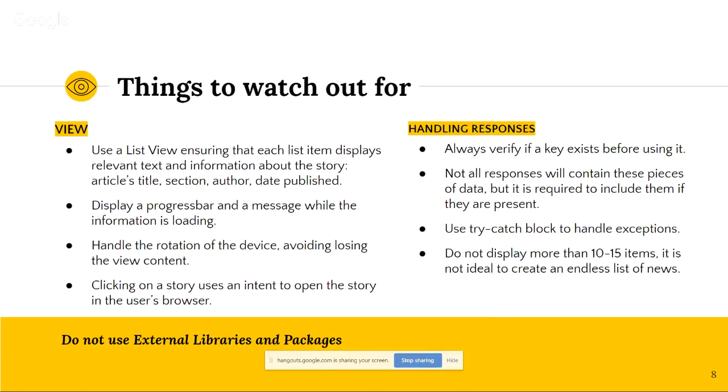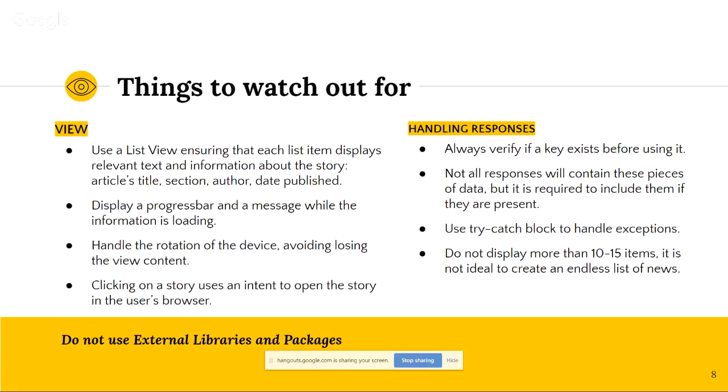If you make use of HTTP requests, as we were talking about last week, there may be exceptions, which are unexpected errors. So use a try-catch block to handle those exceptions in order to avoid any problems in the future or any unexpected error that can make your app crash.